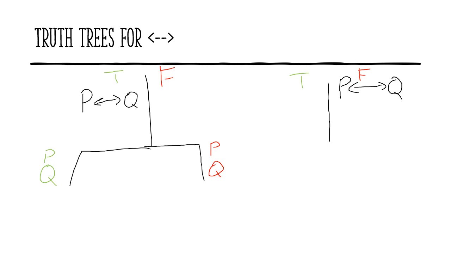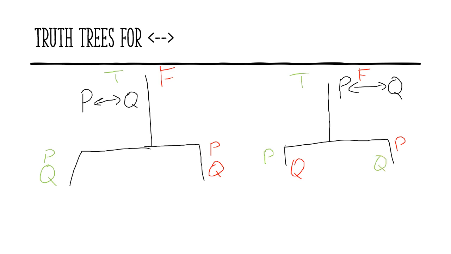So this is also an or statement, so we will split our tree. So it's wherever the left side is true and the right side is false, or wherever the left side is false and the right side is true.